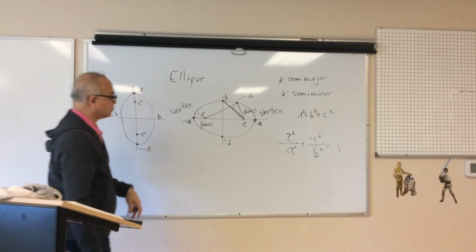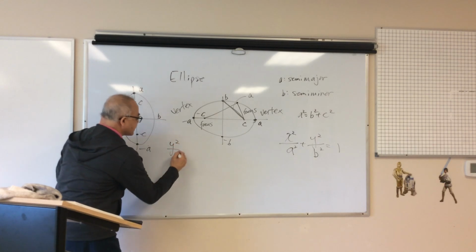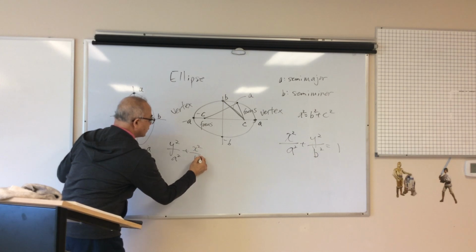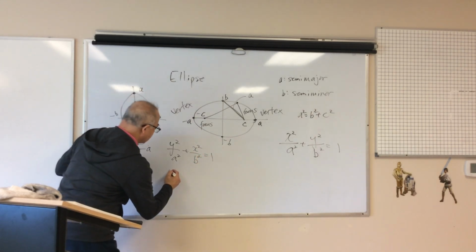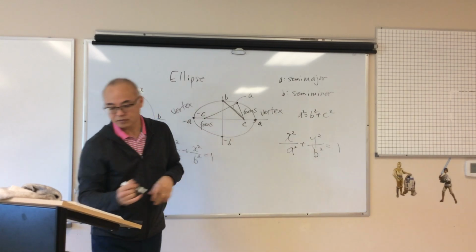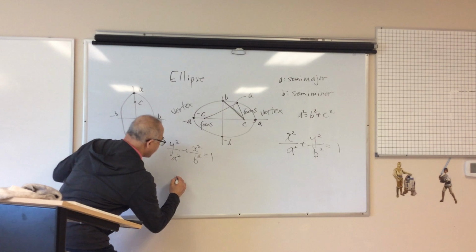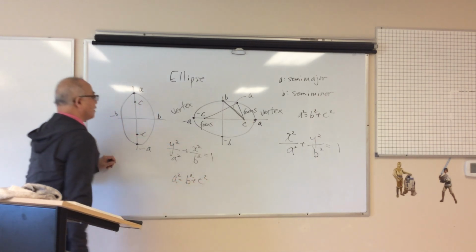Okay? If you look at it, this one is notated as this. So, A squared is equal to B squared plus C squared again here, right?